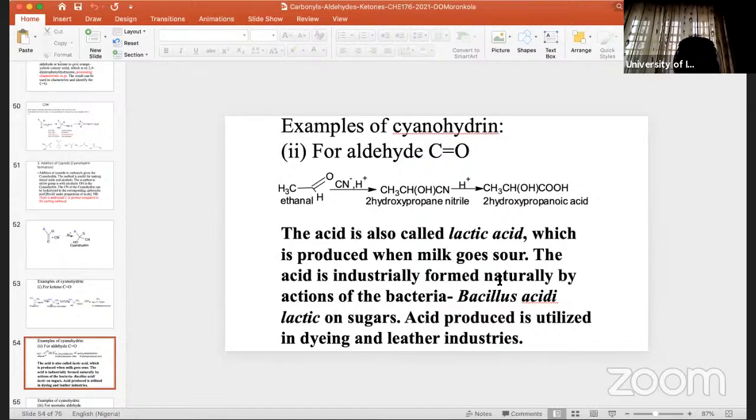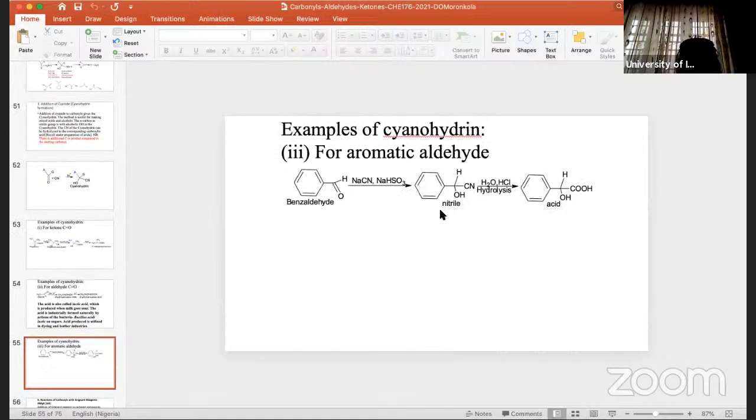The acid is industrially formed naturally by the action of the bacteria Bacillus acidilactici on sugars. The acid produced is also utilized in the dyeing and leather industries. So we have this as another example, a cyclic cyanohydrin, starting with benzaldehyde as our aldehyde.